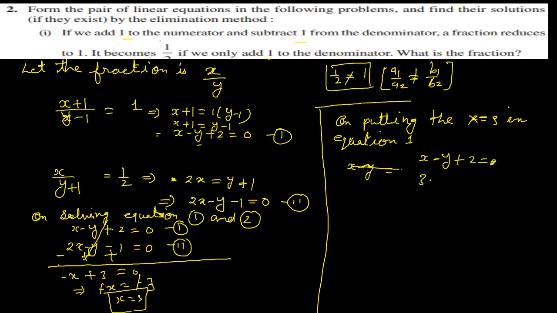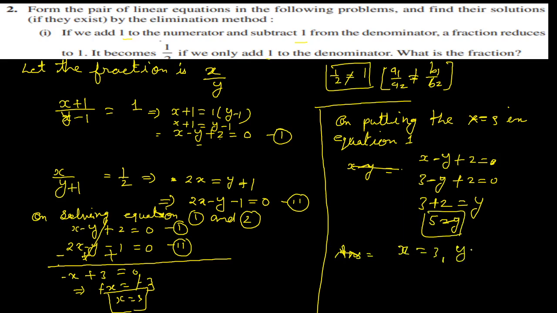So 3 minus y plus 2 is equal to 0, or 3 plus 2 is equal to y, or 5 is equal to y. So in this way, the solution of the equations is x is equal to 3 and y is equal to 5.